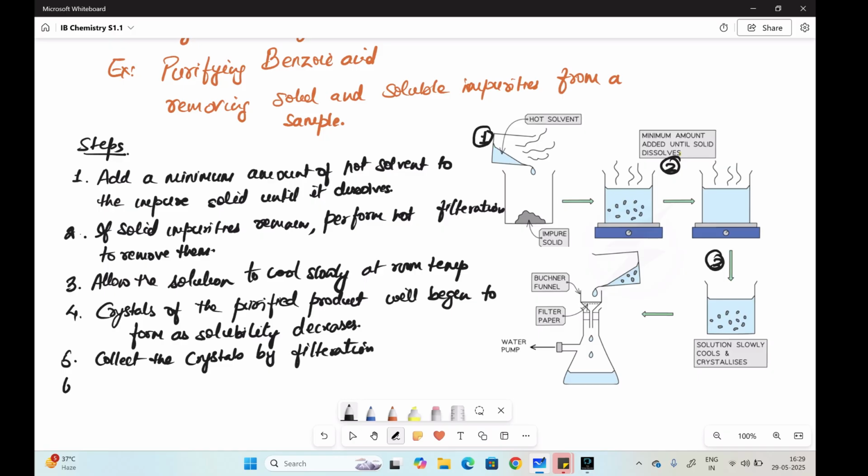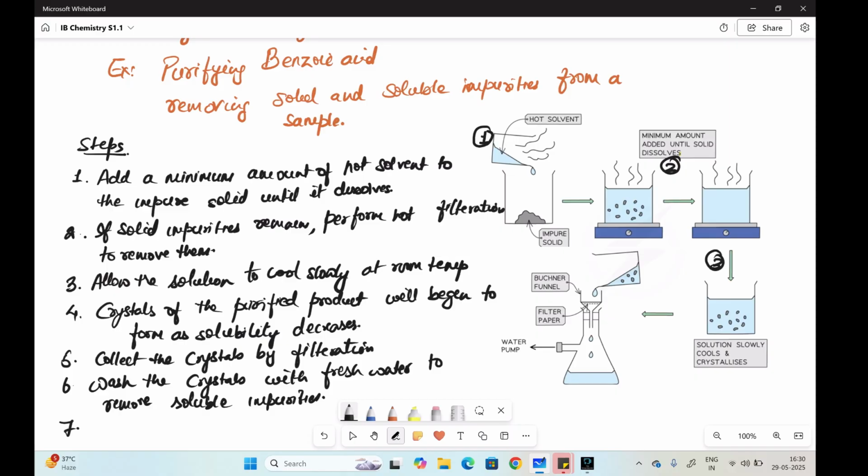Now you can wash the crystal with fresh water. Why? To remove further soluble impurities.